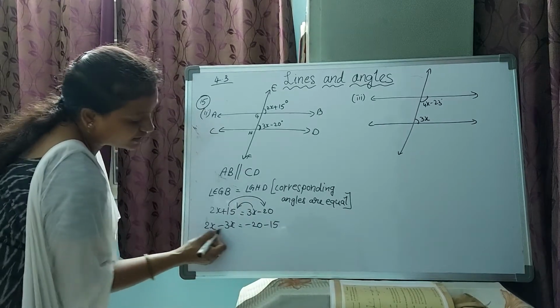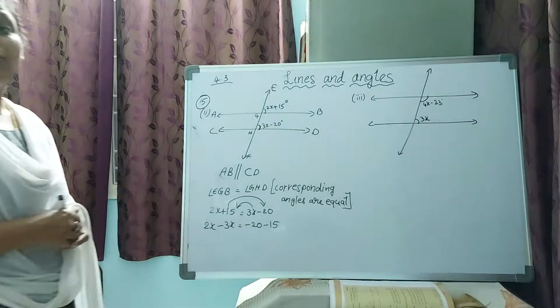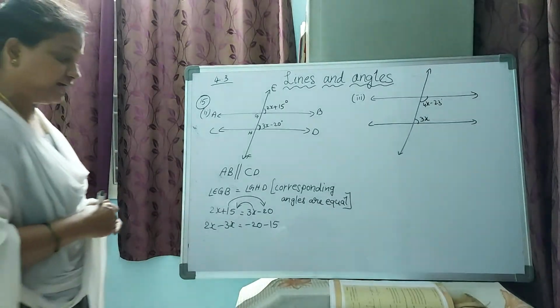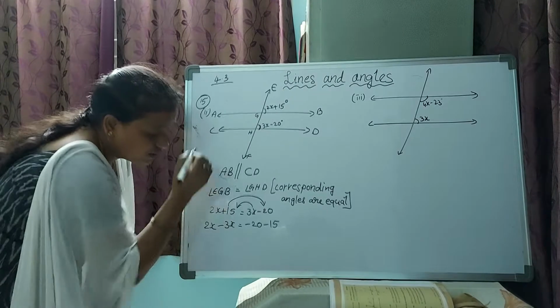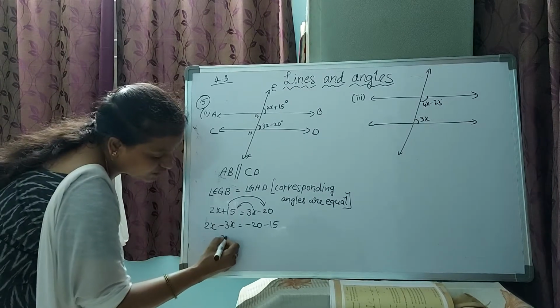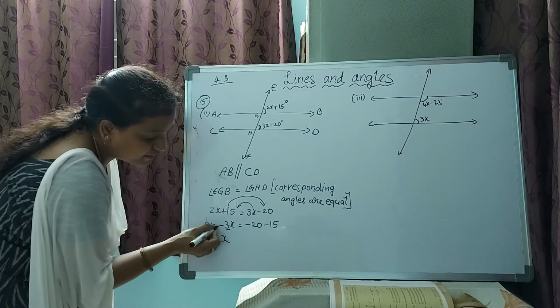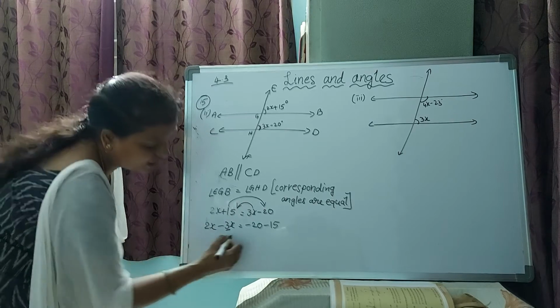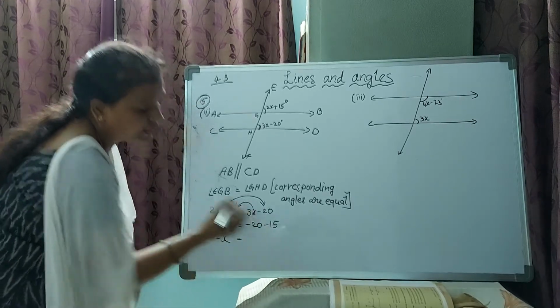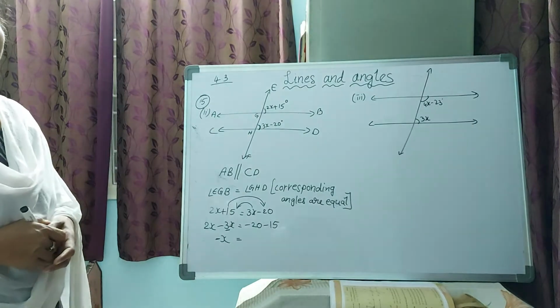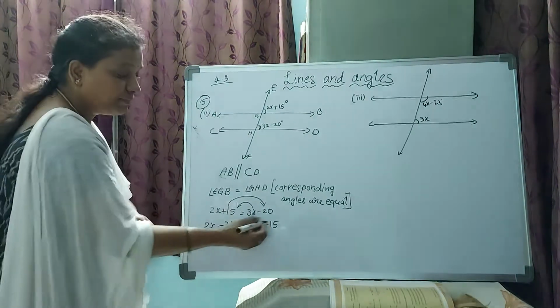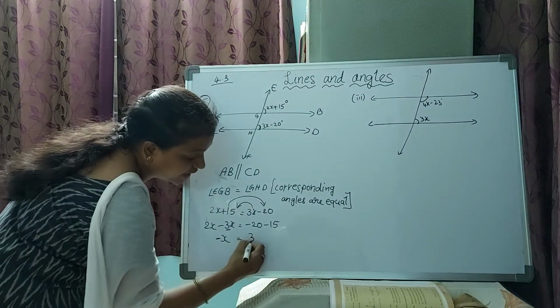So here 2x minus 3x, different symbols. If you have different symbols, you have to subtract. 3 minus 2 is 1x, and 1x means just write x. Before the bigger number, the minus symbol is there, so put minus. It is equal to minus 20 minus 15, the same symbols, so you have to add. 20 plus 15 is 35.